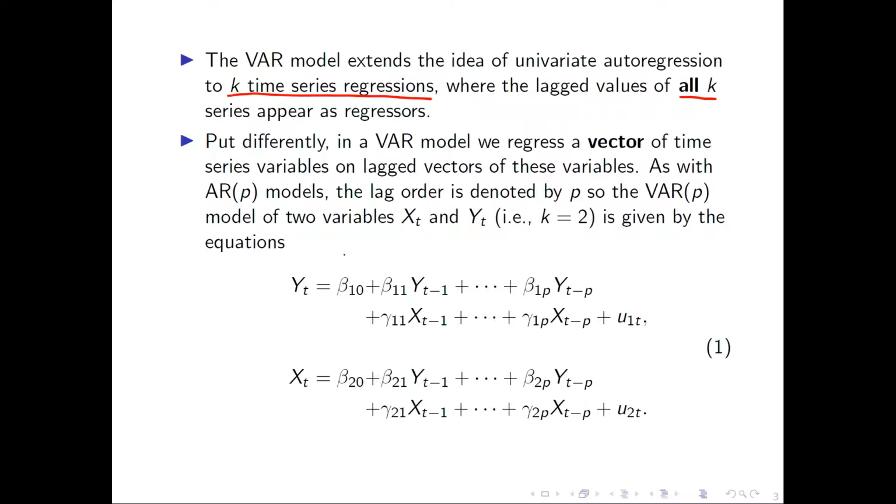So in our example here, we have 2 time series, yt and xt, and these are explained by their own lags here and the lags of the other time series.